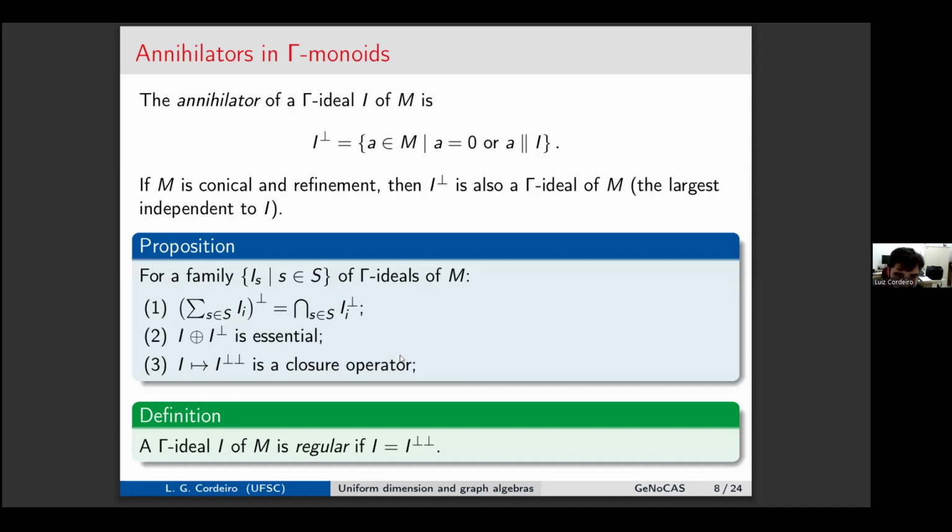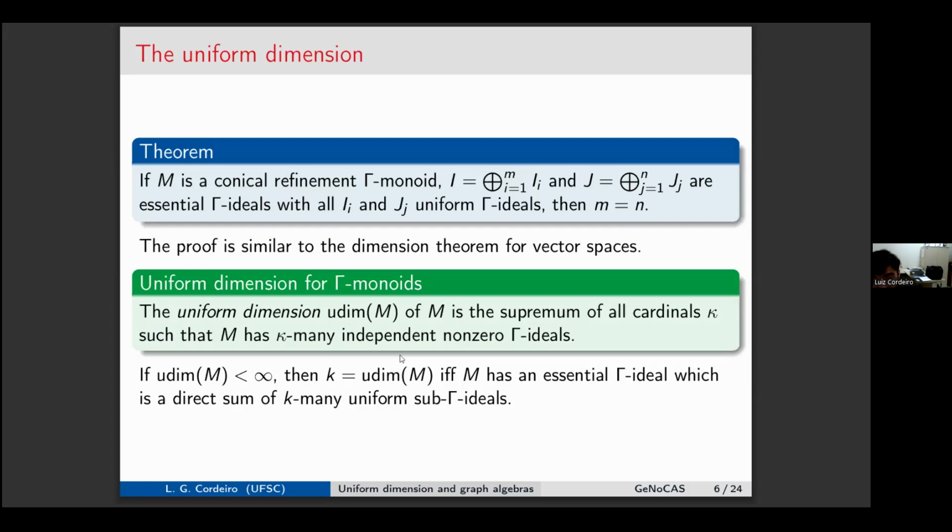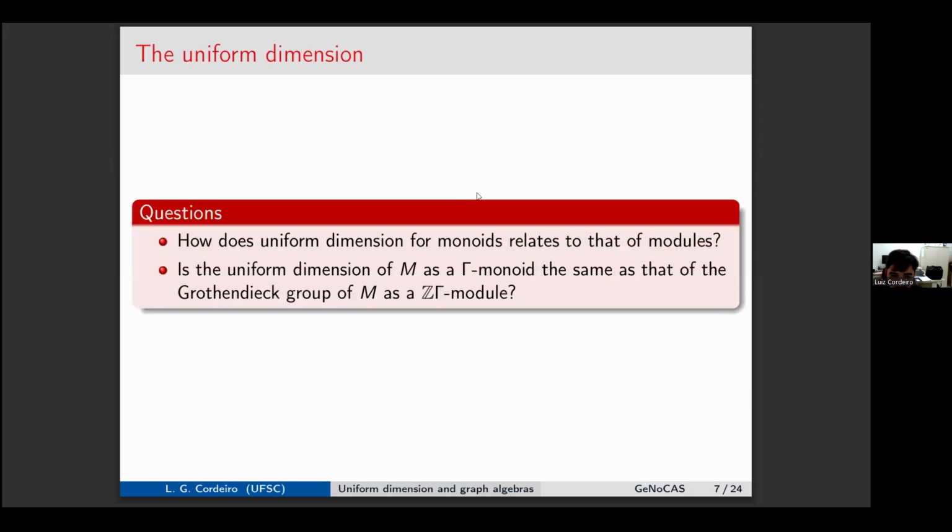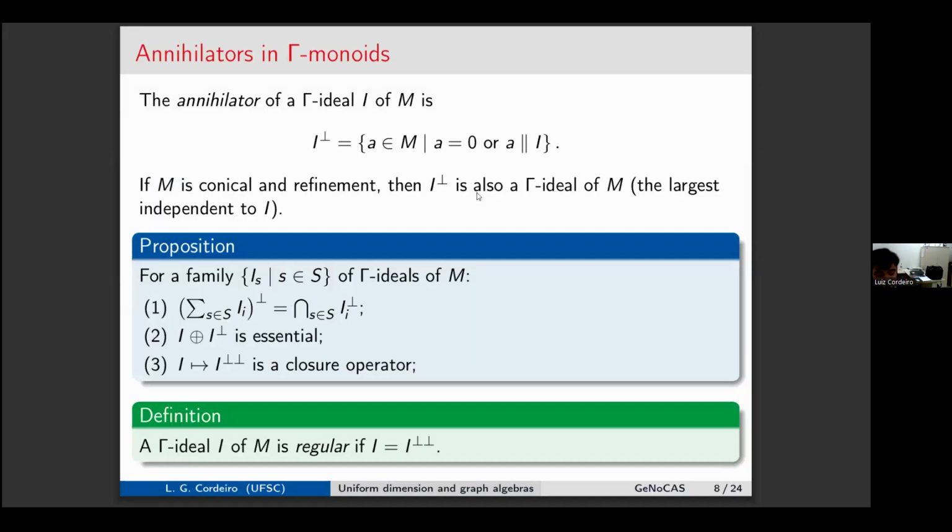Okay. And so since we are looking at independent ideals when we look at the direct sum, this naturally leads to the notion of annihilator of an ideal, which is the largest ideal which is independent to the original one.